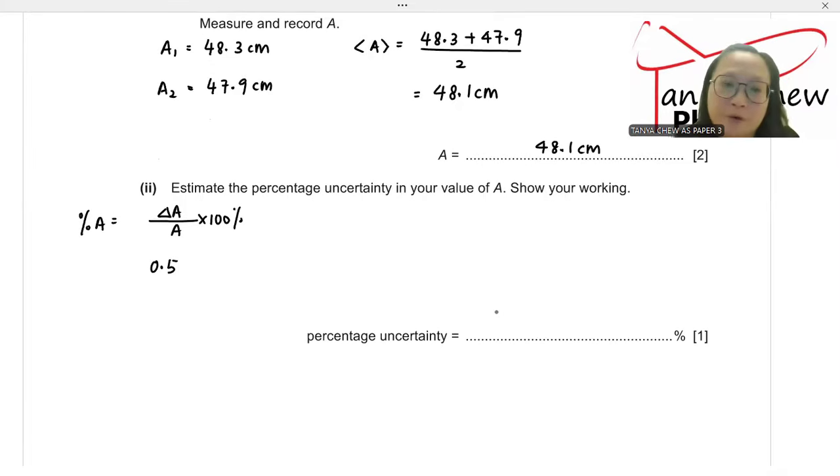Quite a large error. So delta A is 0.5 divided by the A value times 100%. I am still following the AS syllabus. Percentage uncertainty can only take 1 to 2 significant figures. So I am going to put it in terms of 2 significant figures, which is 1.0%.